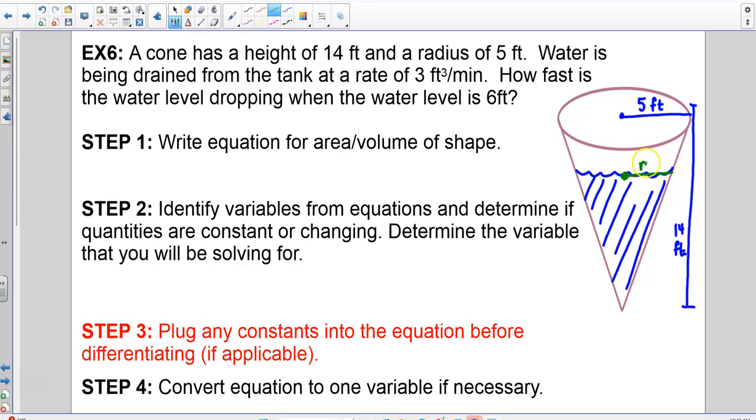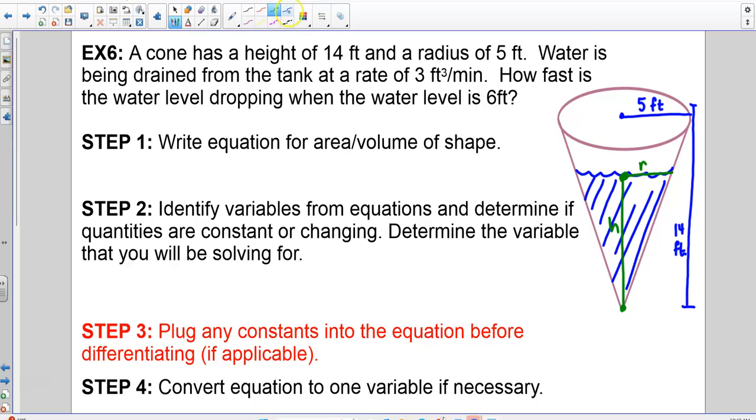Only whenever the tank is full, right? And the height, is it equal to 14 feet? Only when the tank is full, right? So r and h in this case are both changing. In the cylinder, the sides are straight. The radius doesn't change. Makes the problem a lot easier.